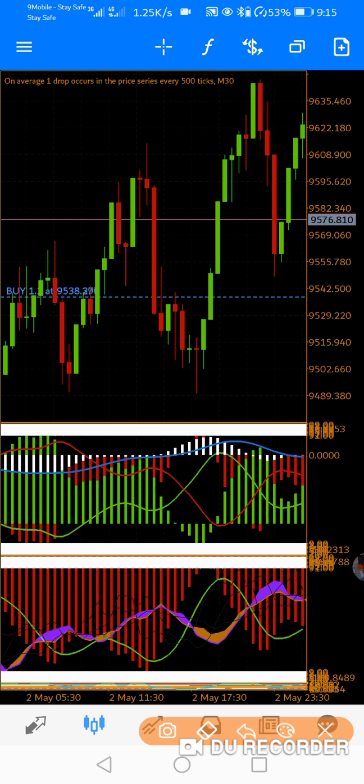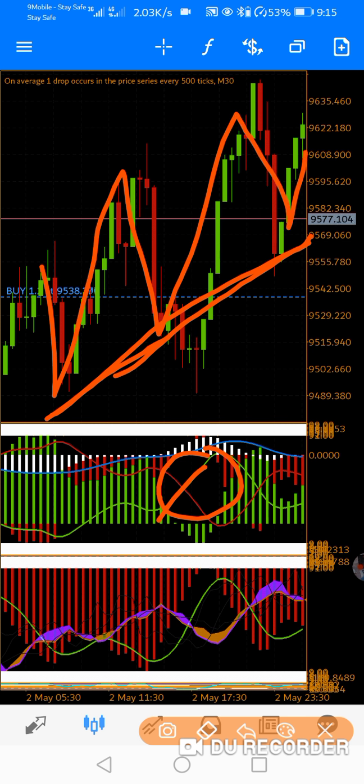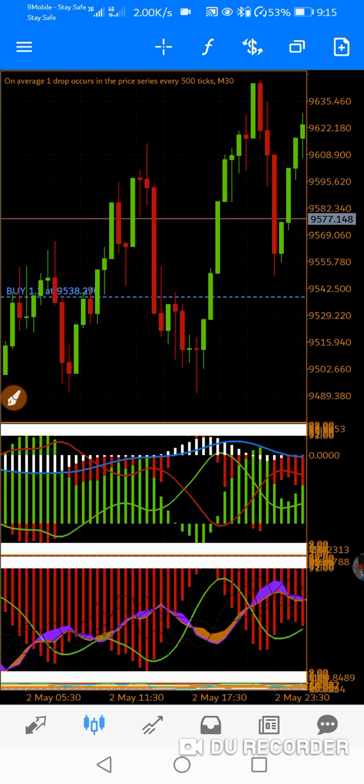If you see a halo, then the green cross, it means the market is on an uptrend already. You understand? Look at it. It's going up. So it is very advisable to trade along a particular trend.